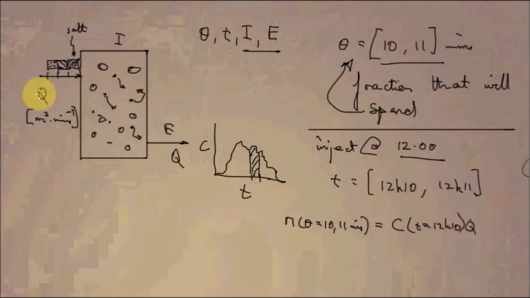We assume this volumetric flow rate is fixed and steady. So concentration times flow rate here is going to give us molar flow rate.